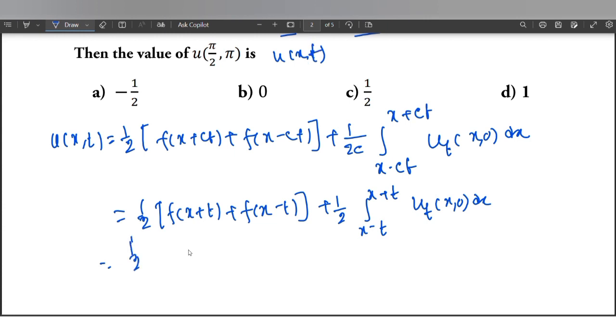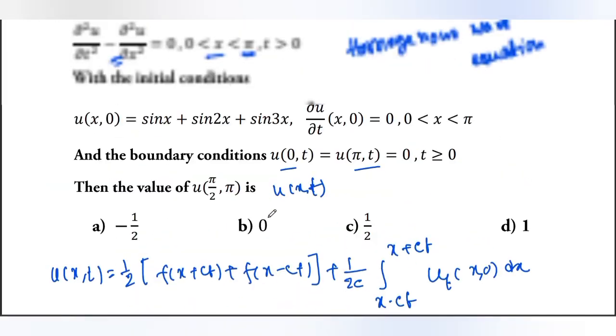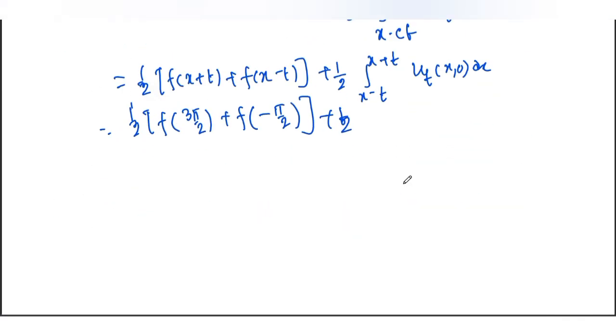So half of f of 3 pi by 2 minus pi by 2, plus half of u2 of x comma 0, which equal to 0, so half into 0.